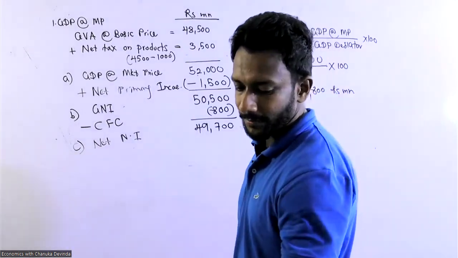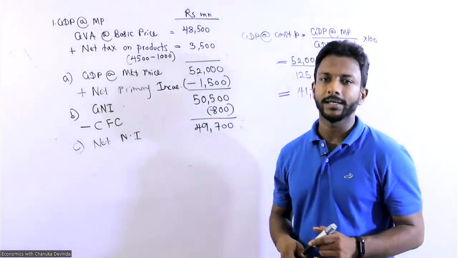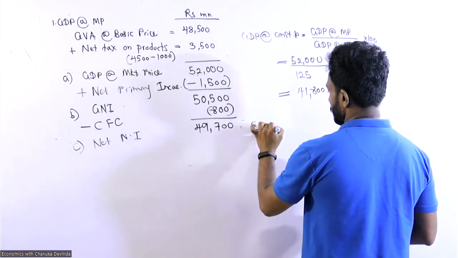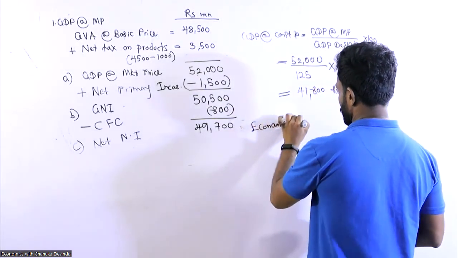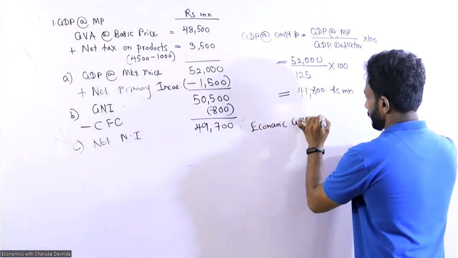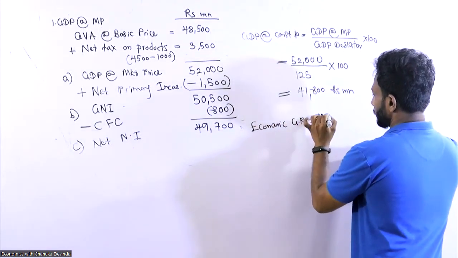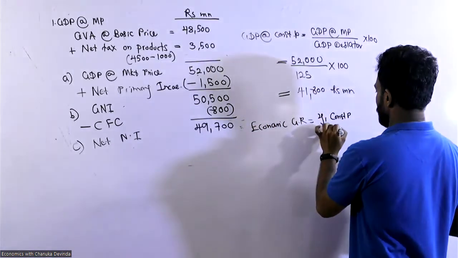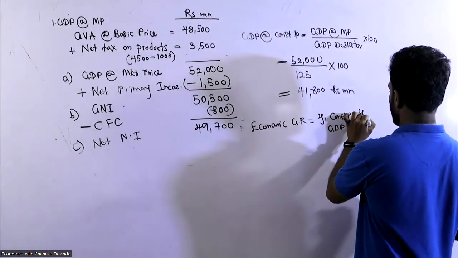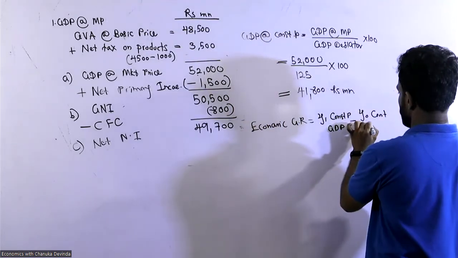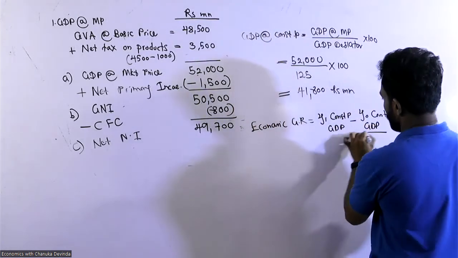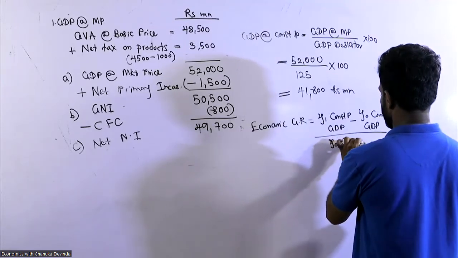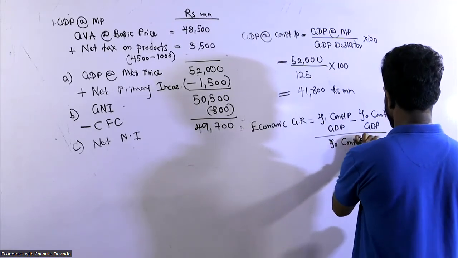Economic growth equals year 1 constant price GDP minus year 0 constant price GDP, divided by year 0 constant price GDP.